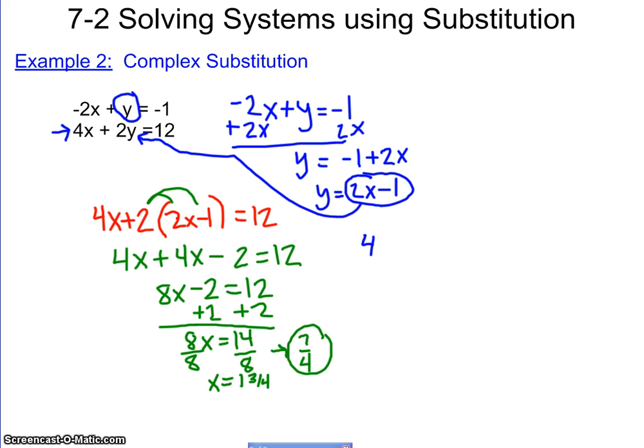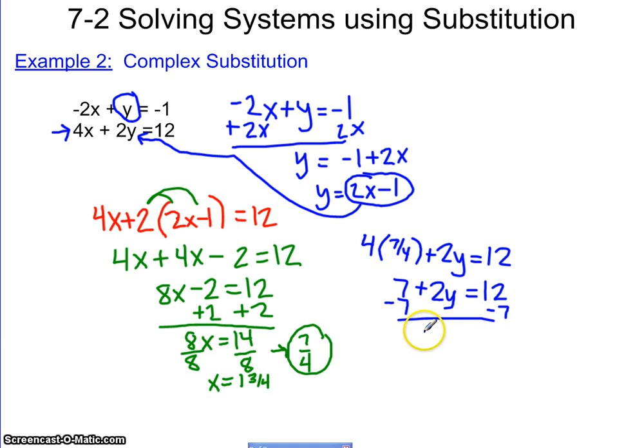So 4 times 7/4 plus 2y equals 12. 4 times 7/4, that's just 7, plus 2y needs to equal 12. I'm going to take away 7 on each side. Then I end up with 2y equals 5, and I can divide by 2 on each side. So I know my y value is 2.5, or we could have left it as 5/2.